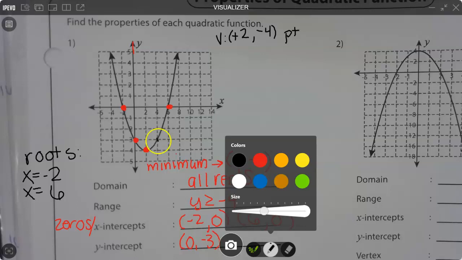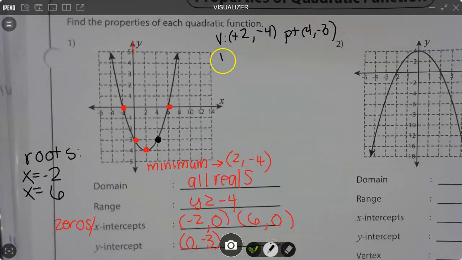Now let's use a not nice point just so we get kind of messier numbers. A point on your graph is (4, -3). I want you to write the equation in vertex form.